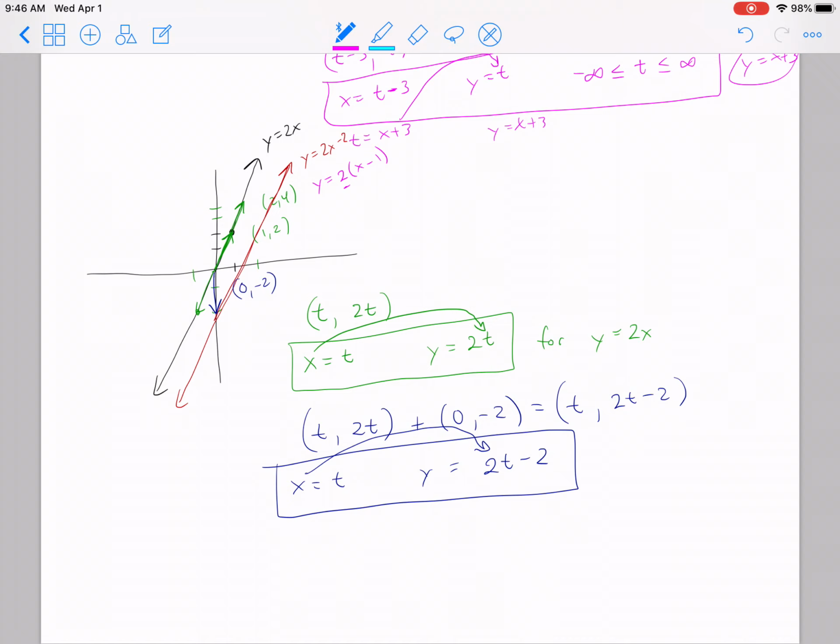I didn't draw my original red line very well. It should have gone through the 1, 0 point right there. So this is the exact same line as this one. These two are the same, and I could parameterize it that way.